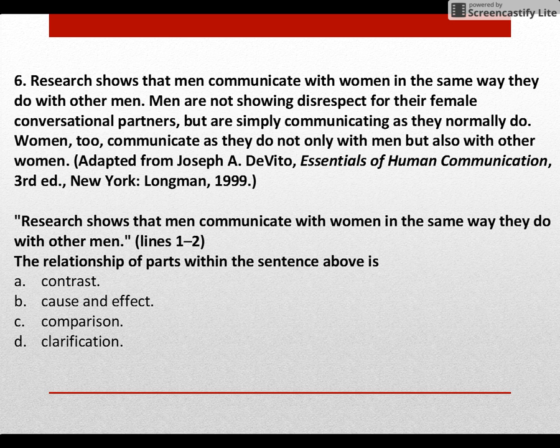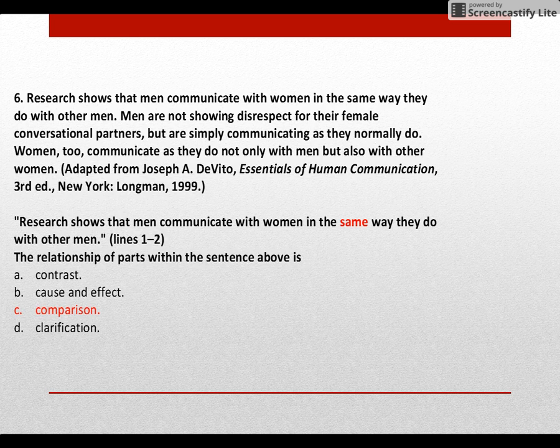All right. Then our final step would be identifying signal words. So in this case, are there any signal words that connects to A, B, C, or D? Yes. You should have noted to yourself that C, comparison, is the answer.